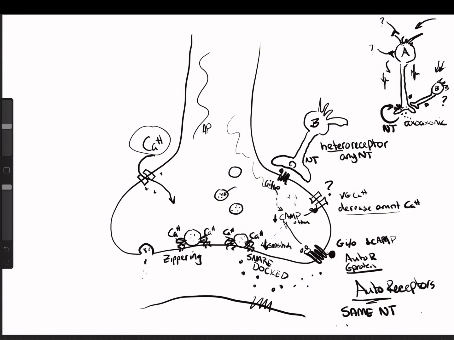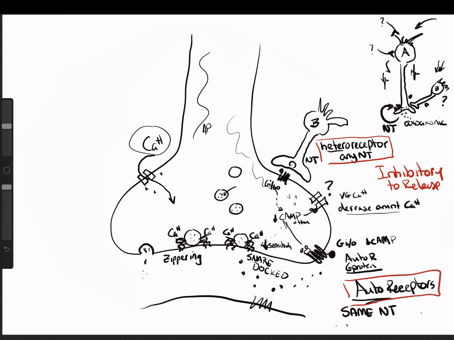So on this side, all of the effects we talked about were inhibitory to release. We had the autoreceptor inhibitory, and we had an inhibitory heteroreceptor. But you can also have facilitatory.